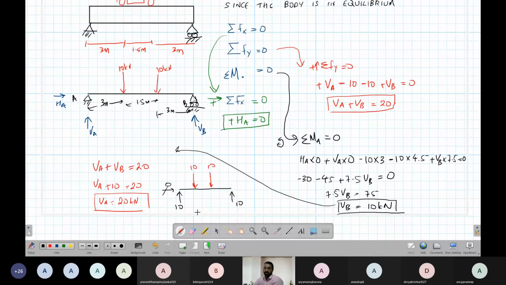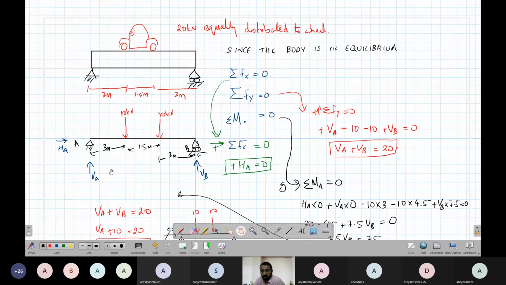So this is VA, 10 kilonewton, VB, and HA. Any multiple force problem I hope we can do the same way.